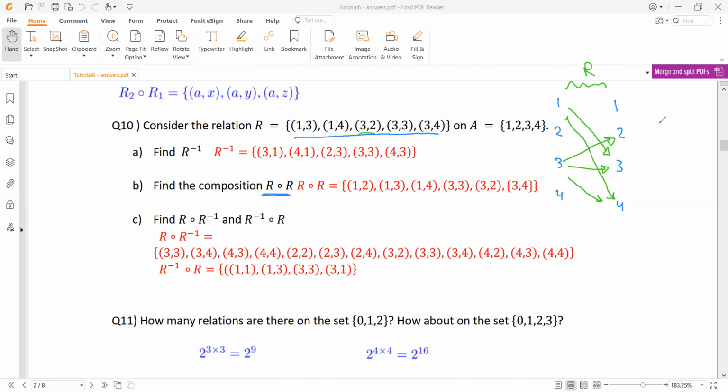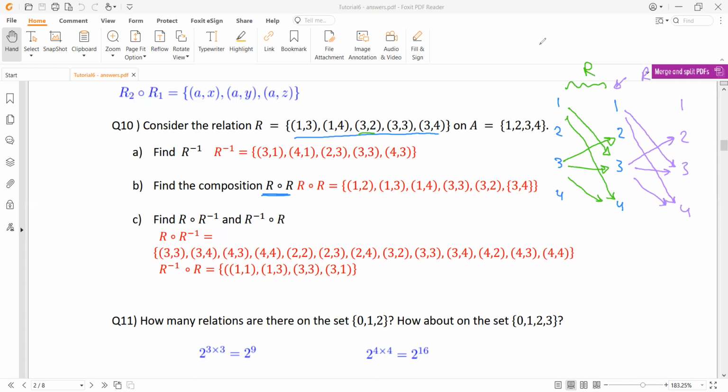Go and represent another R: 1, 2, 3, 4. But make sure to have a common set between the two, okay? Another R, because I want to do composition between R and itself. 1 to 3, 1 to 4, 3 to 2, 3 to 3, and 3 to 4.